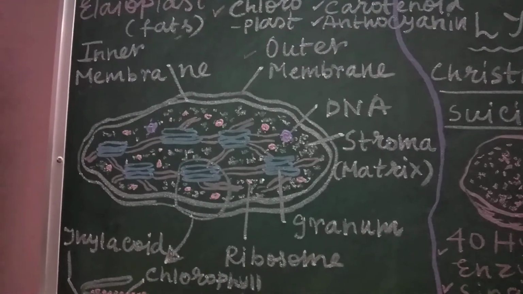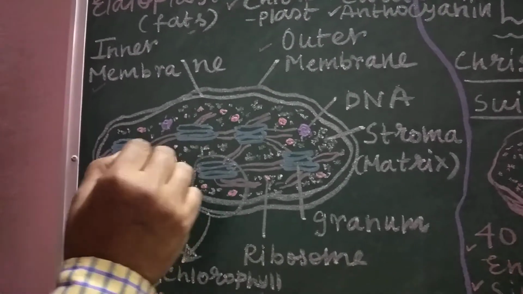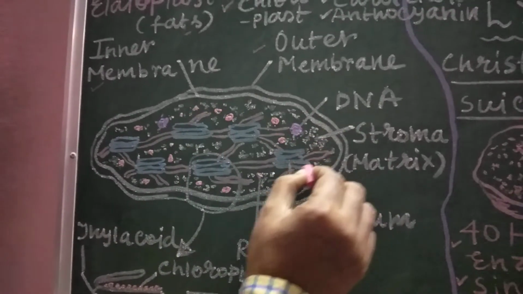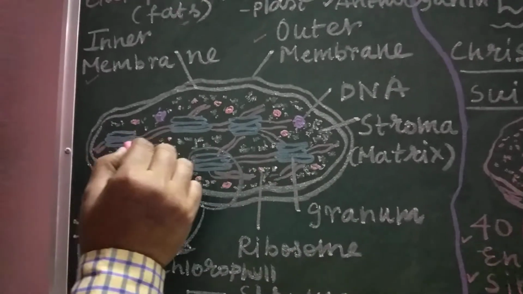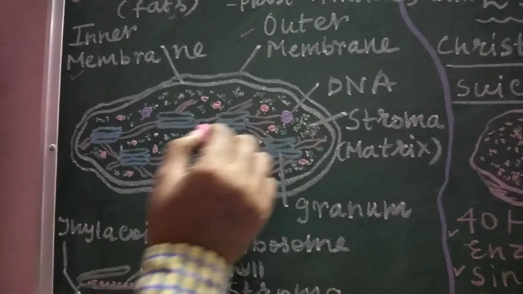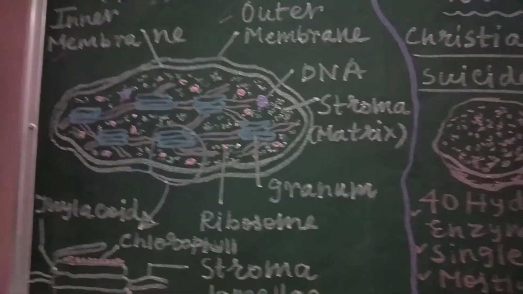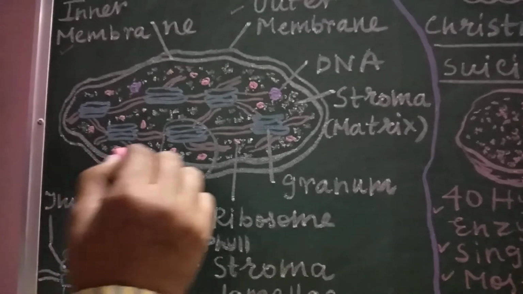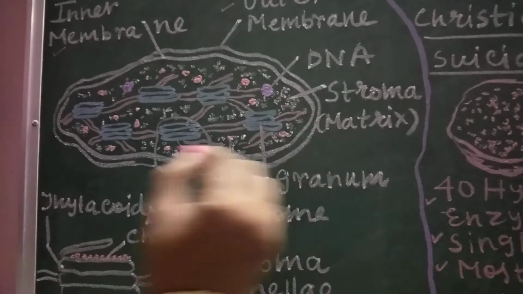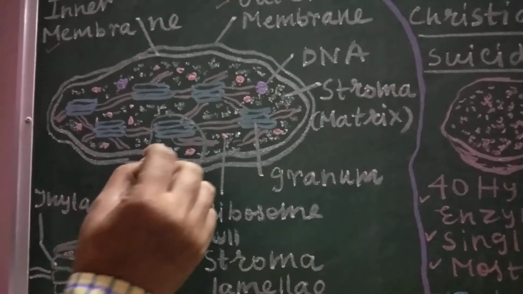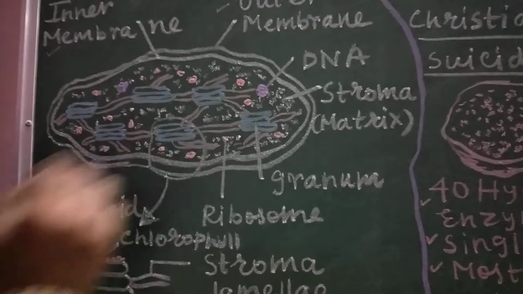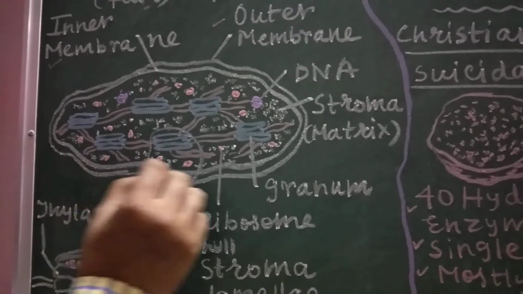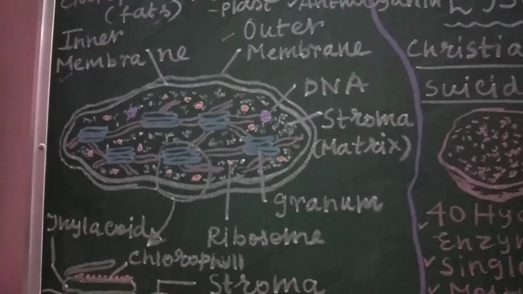Inside the chloroplast there is the stroma, that is the matrix, and stacks of tubules are present, which are known as grana. So chloroplast is mainly made up of stroma and grana. You can also see circular DNAs are present, and ribosomes are scattered here and there.